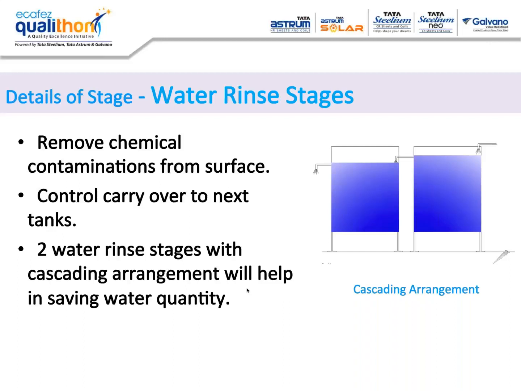Now this will give us, number one, the first tank will dilute the alkalis or acids or chemicals, and the second tank water quality will be fairly good. So when I dip into the second tank, the contamination level would be lesser than in the first tank. So having two water rinse stages instead of one is always a very good condition.